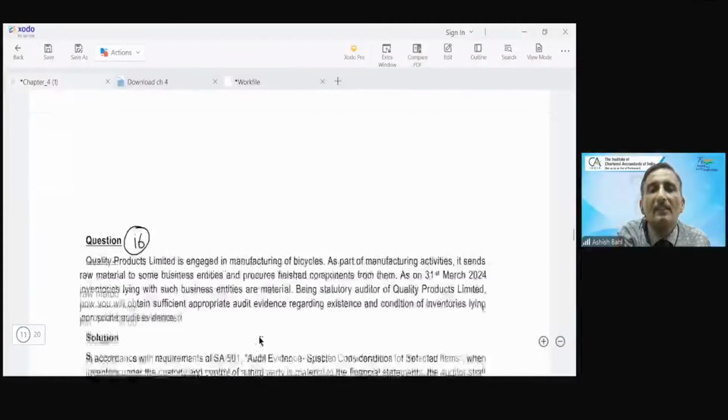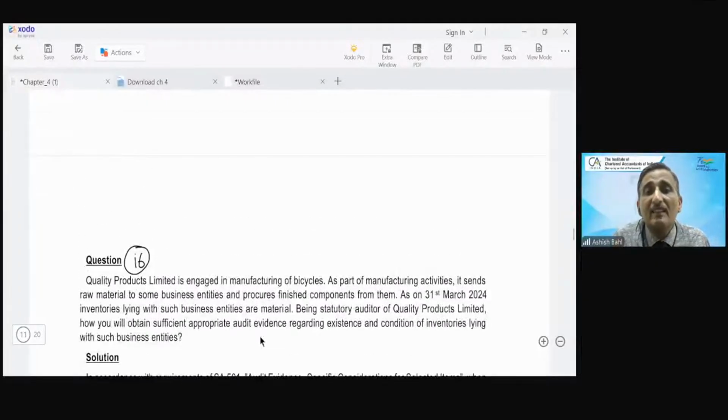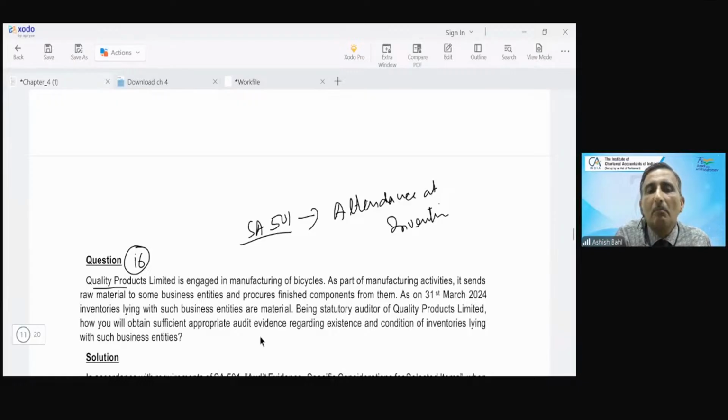See question number 16. Again, this is related to SA 501, attendance at inventories. Say there is a company engaged in manufacturing of bicycles. As part of manufacturing activities, it sends raw material to some business entities and procures finished components from them.